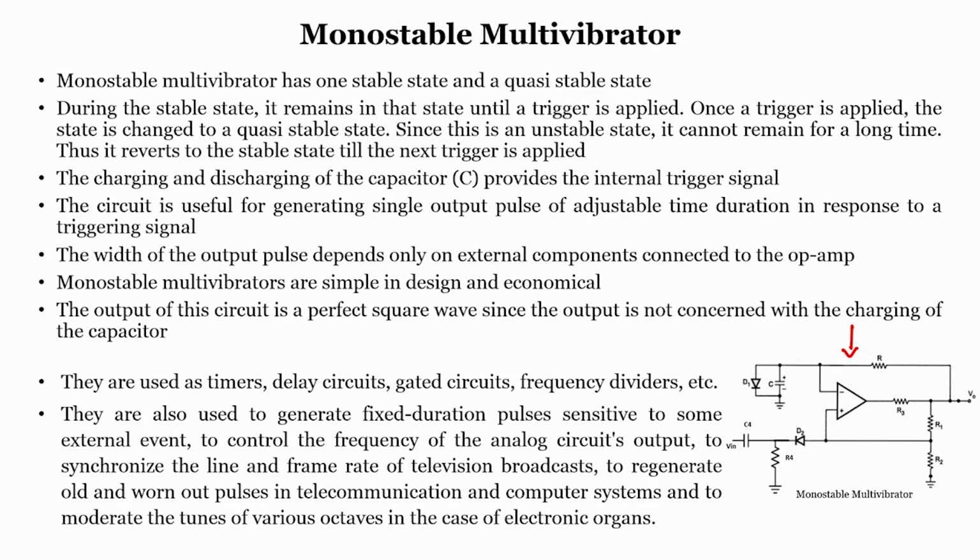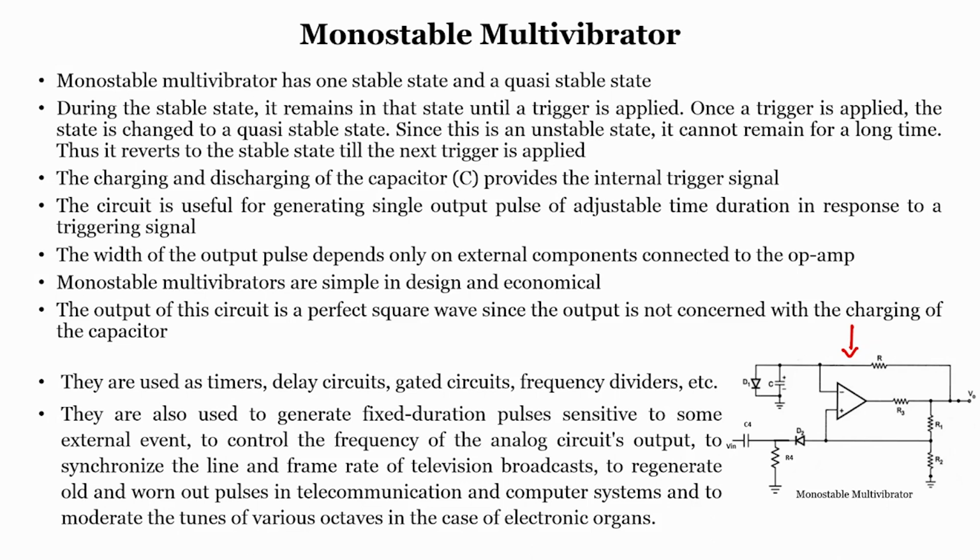So, as soon as it is at a constant voltage, and when you apply a spike or a trigger, it goes to the unstable state. Now, since it is an unstable or quasi stable state, it cannot remain for a long time and thus it reverts to a stable state. The charging and discharging of the capacitor in this case provides the internal trigger signal.